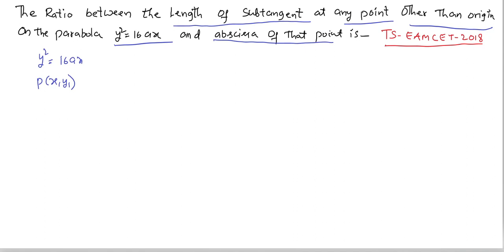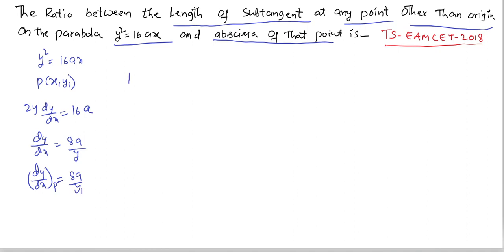So now we find slope, that is 2y into dy by dx is equal to 16a. So dy by dx is equal to 8a by y. So this dy by dx at the point P is equal to 8a by y1.